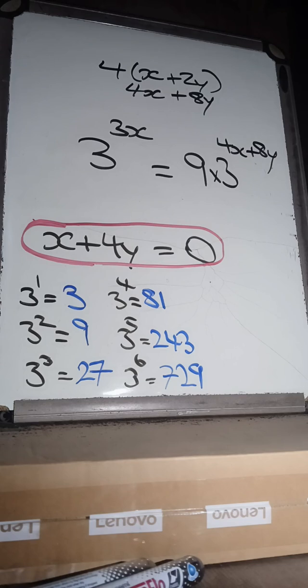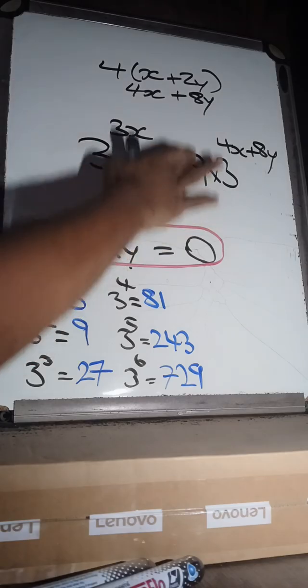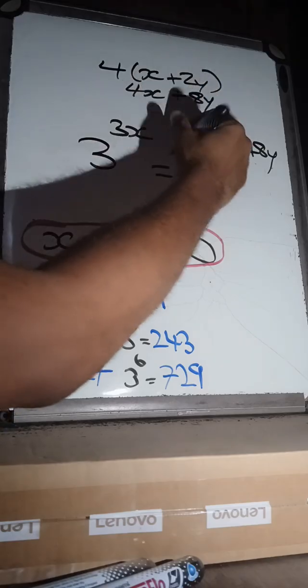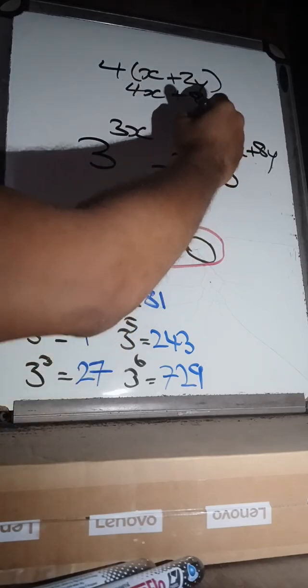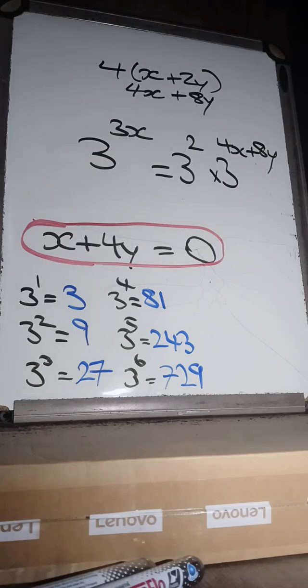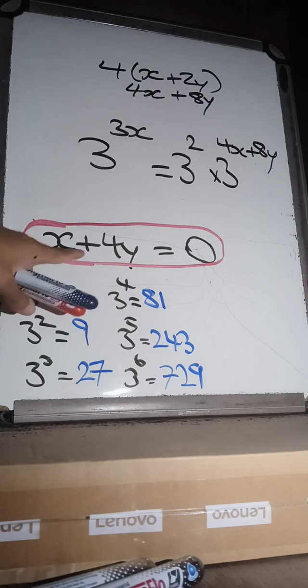So fine. And then of course this is 3 to the 2. So there's only one question that one can ask. Why did we have this?